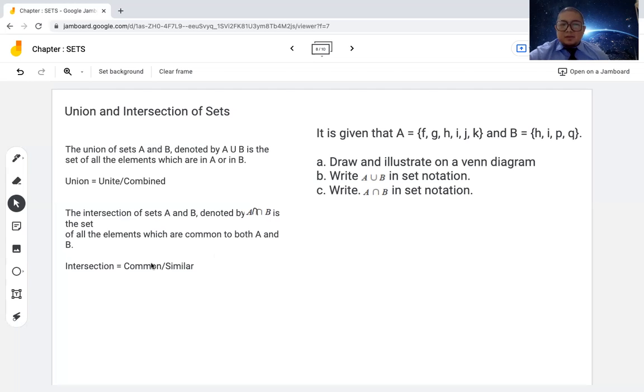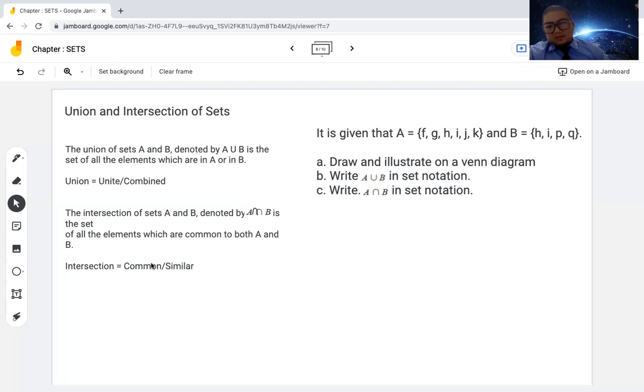The best way for us to understand union, coming from the word union, is that we unite or we combine. And as we combine, we have to understand that elements cannot be repeated. So if you see common elements in the given sets, you are only going to write these elements once.